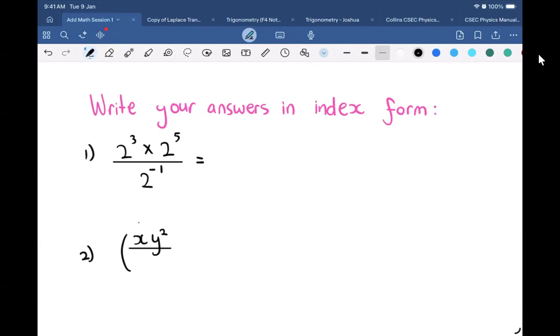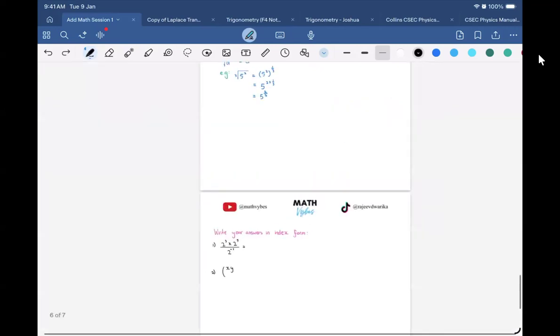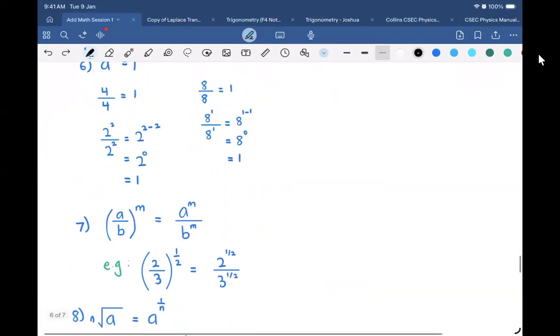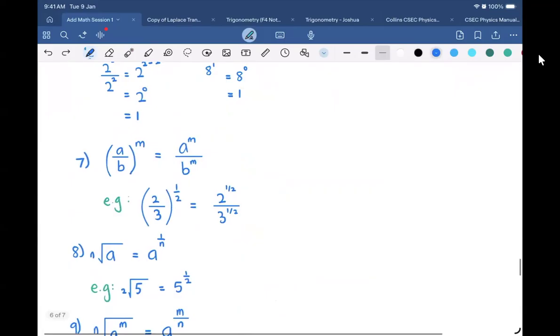Nah, I feel like I'm overdoing it. There was one other rule I don't remember. So, guys, check this out real fast. If I have a fraction and I'm raising the whole fraction to a power, then I would split it up, right? So I can say a to the power m over b to the power n. So let me see if I could figure this out.